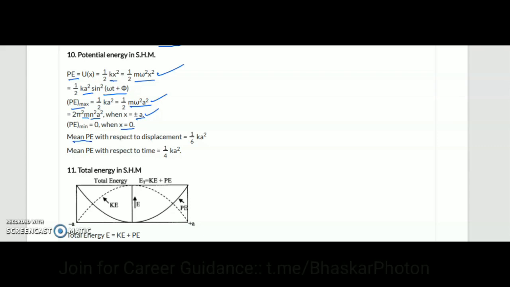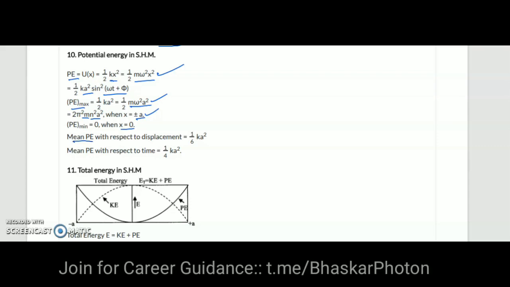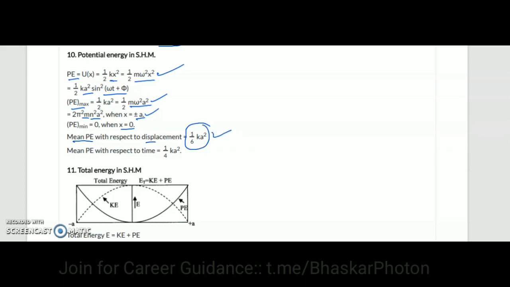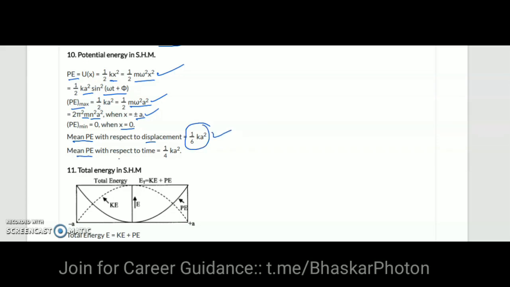Then the mean value of potential energy with respect to the displacement is 1/6 k a², and the mean potential energy with respect to the time is 1/4 k a².